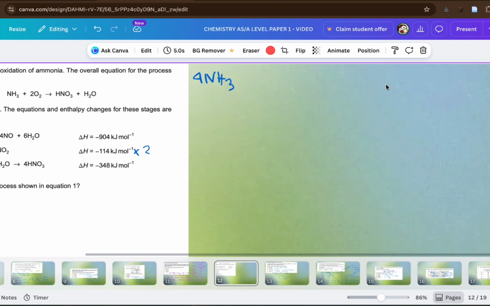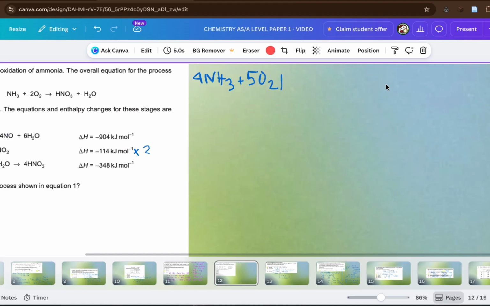H3 plus 5O2. If you're wondering all this time why my handwriting is bad, it's because I'm writing on my phone. That's not as easy. Okay.